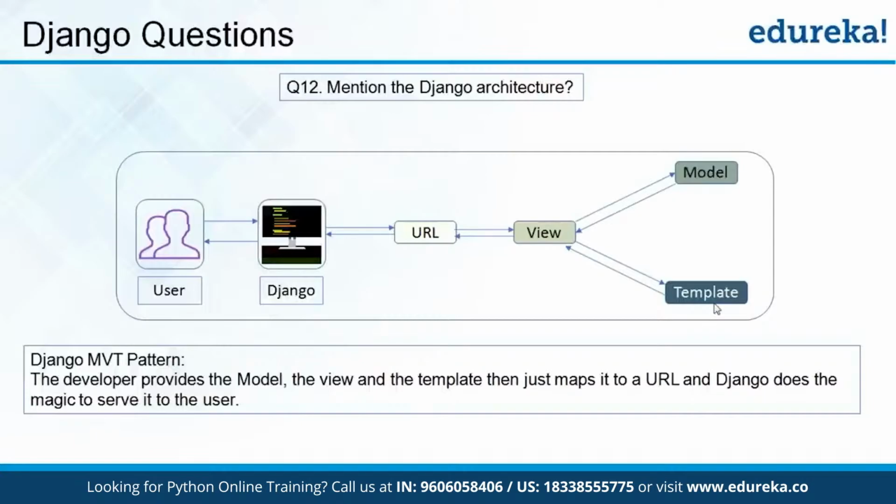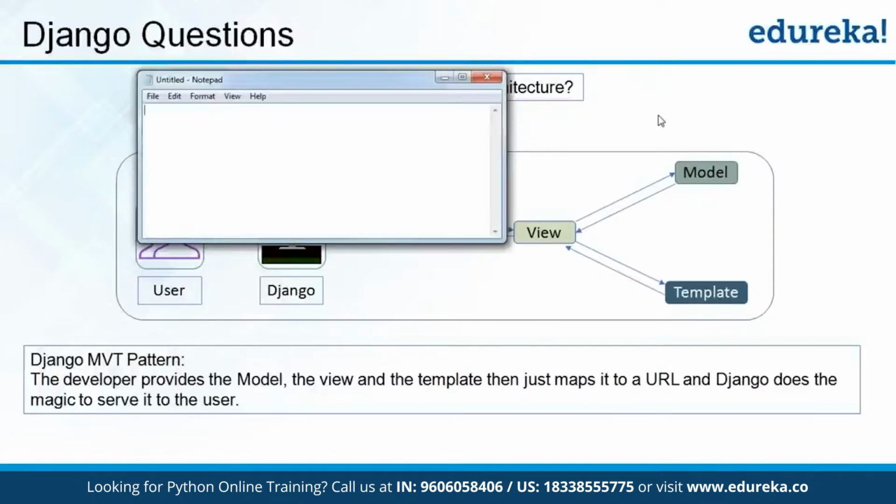You've got the model, you've got the template. It is then taken up into the view and given as a URL through Django to the user. Are you all clear regarding the model, view, template structure? So templates would be your regular HTML pages which contain dynamic elements in them. For example, let me just give you a simple template.